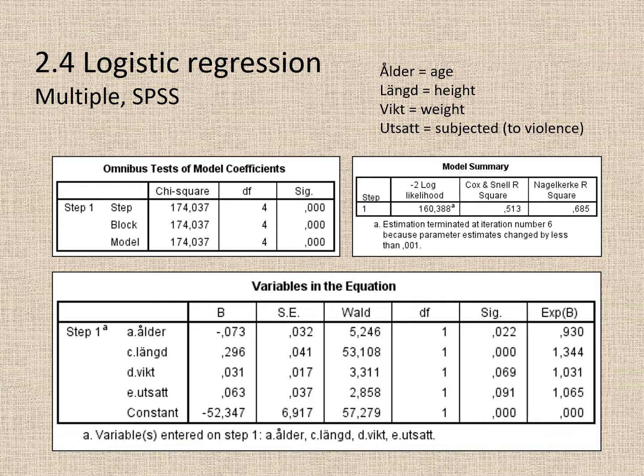If you keep those constant, for every increase in weight by 1 kilo, what happens with the odds of being a man? It increases by 3.1%. And before it was 10.9, if I remember. So the strength of the association has decreased.